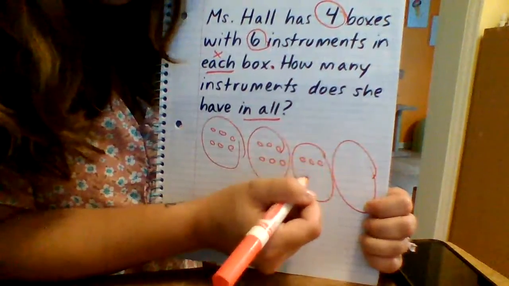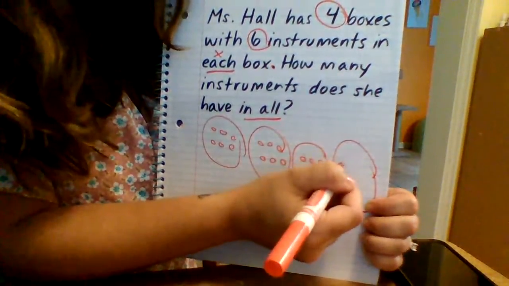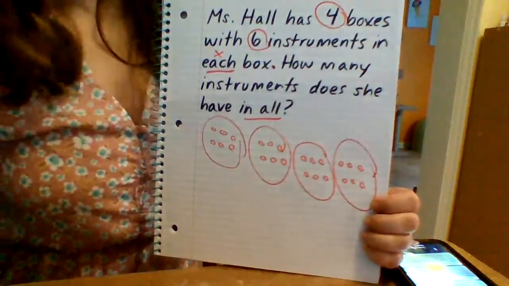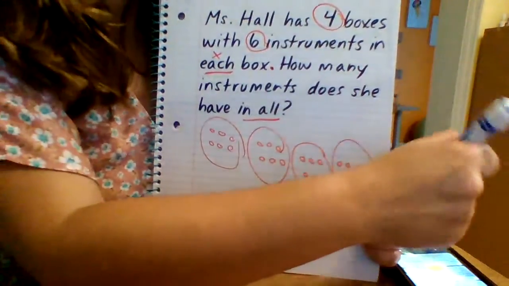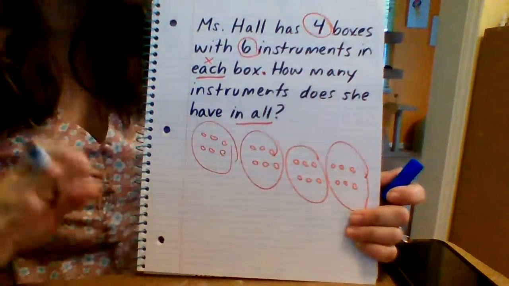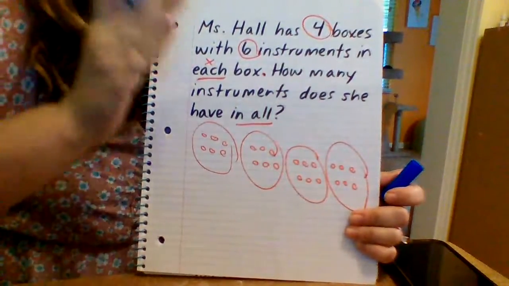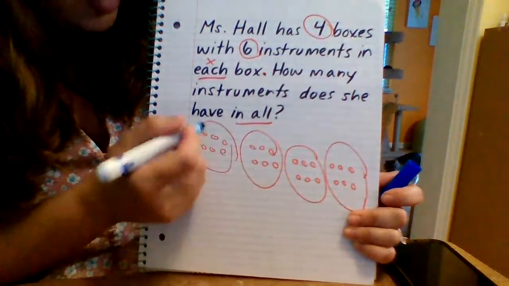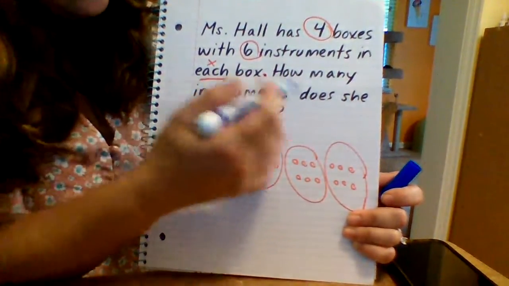So we could draw 4 boxes to figure it out. And it said there were 6 in each box, right? 1, 2, 3, 4, 5, 6, in each of the four boxes. Of course, you could just count up those dots, but accidents do happen, and I don't like that, so I'm going to show you the best way. This is the best way for when you have all the time in the world: use equal groups to multiply. Now we're going to find out how many instruments she had in all.